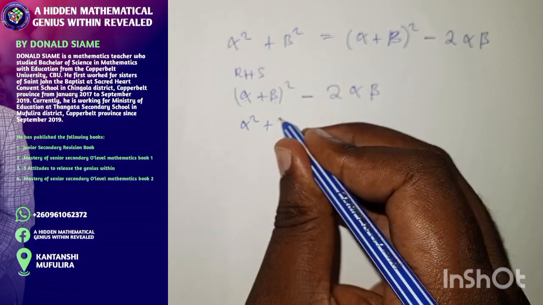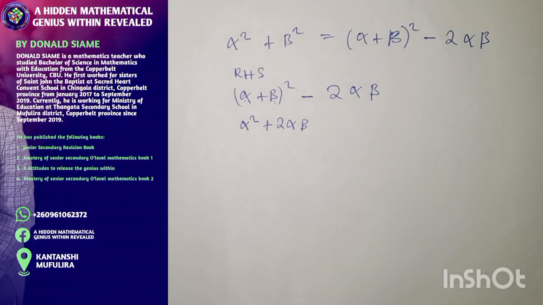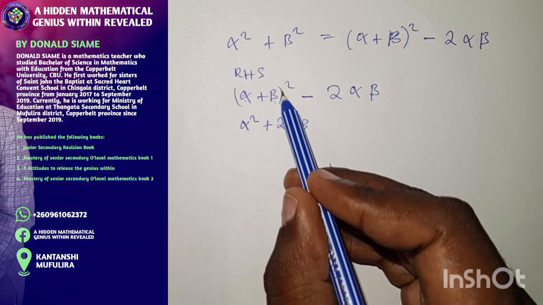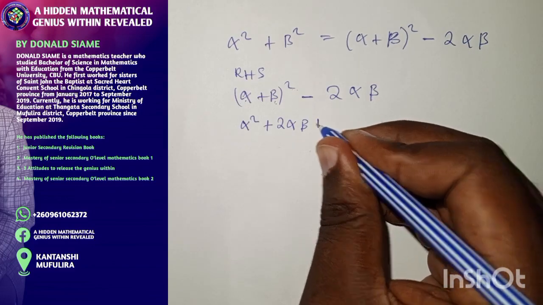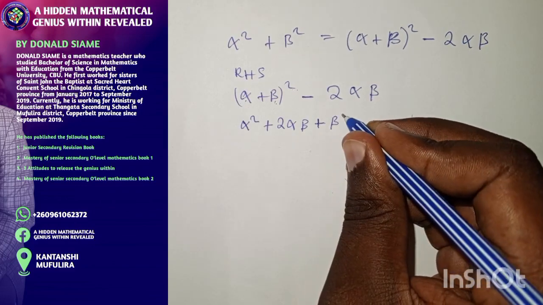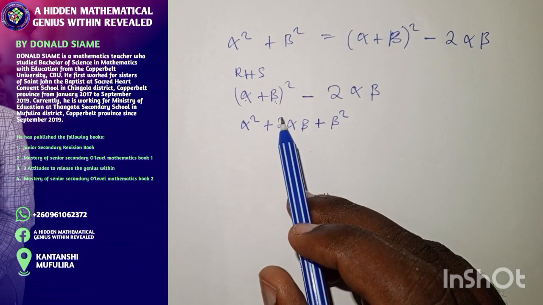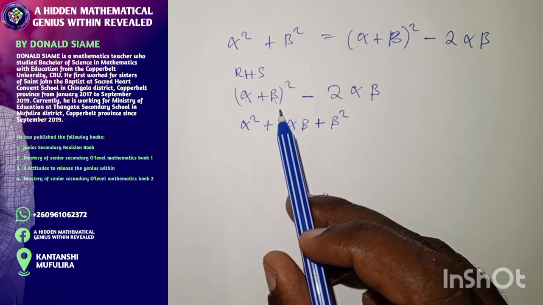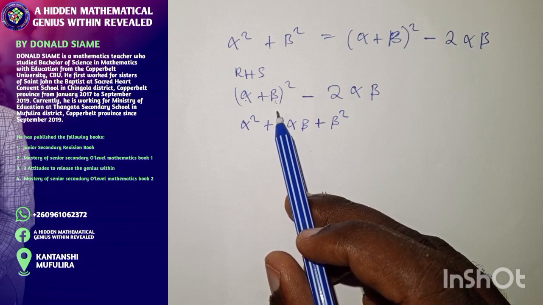So plus 2 alpha beta. Then lastly, you square the last term, so plus beta squared. So this is how you expand the square of an expression.